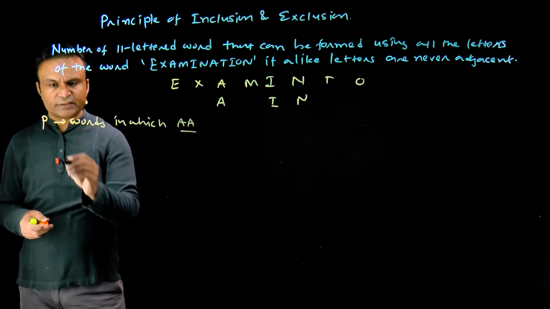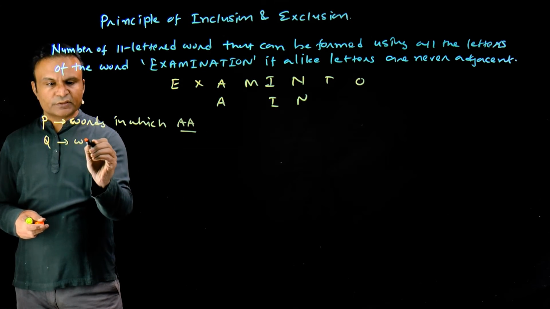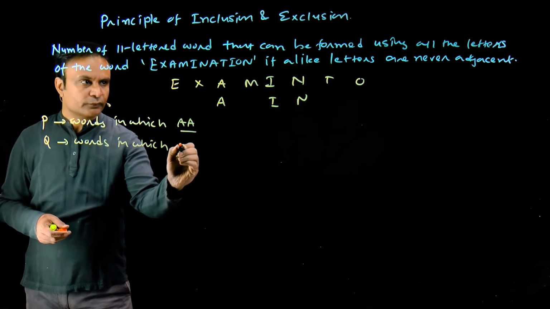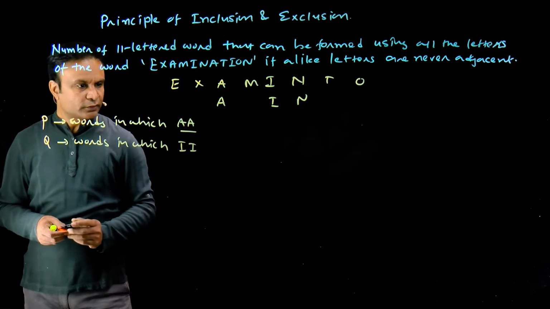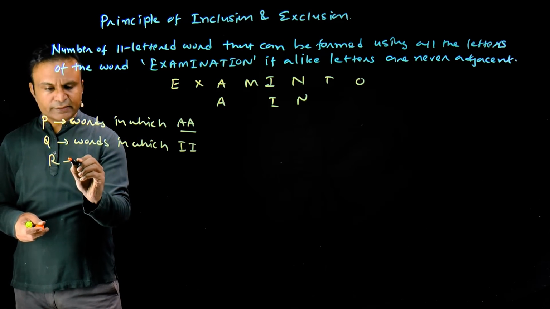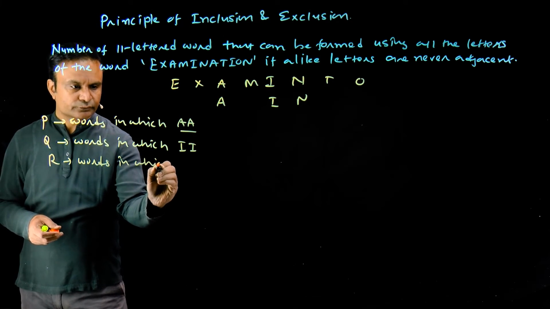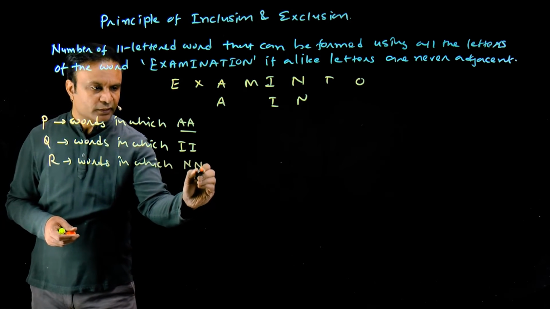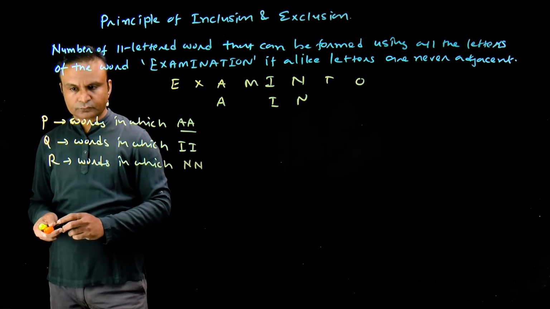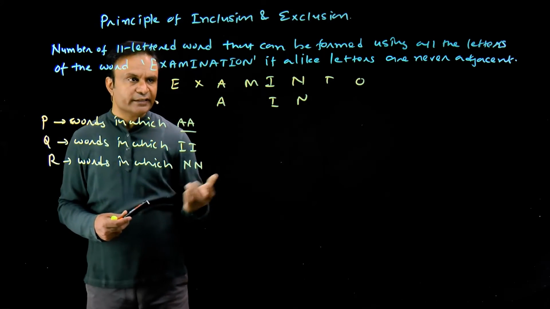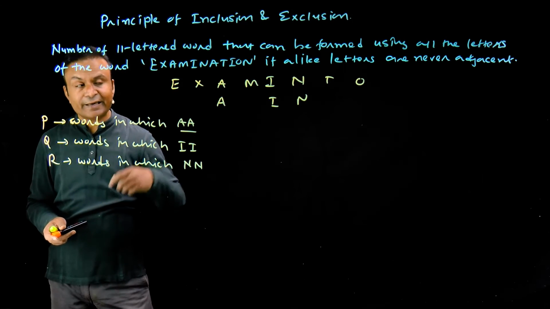A and A are adjacent. Similarly, Q is a set of words in which I occurs together, and R is set of words in which N occurs together.